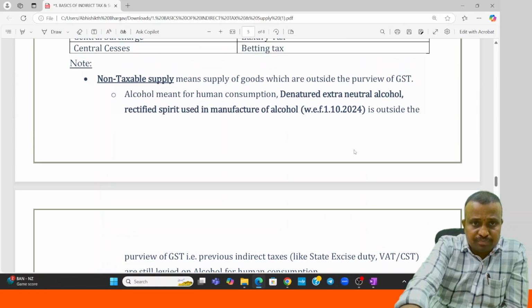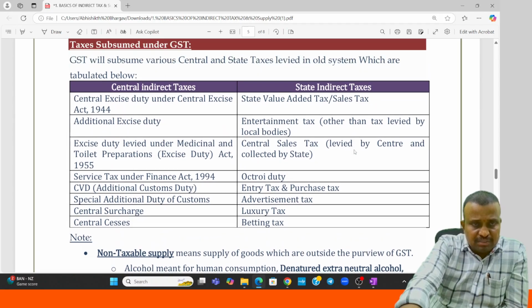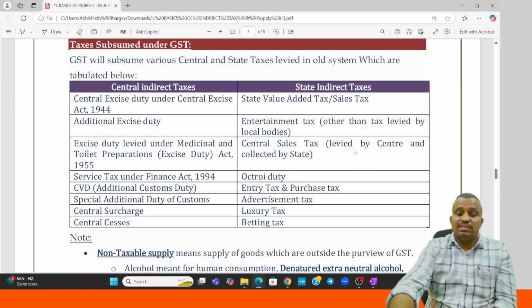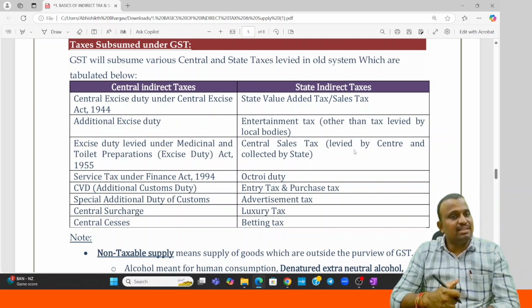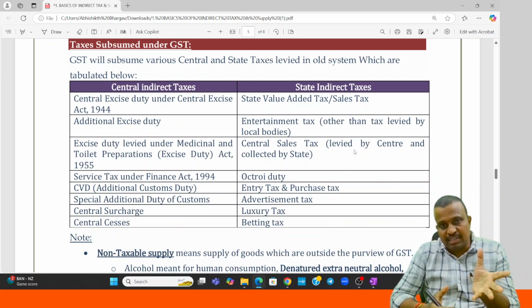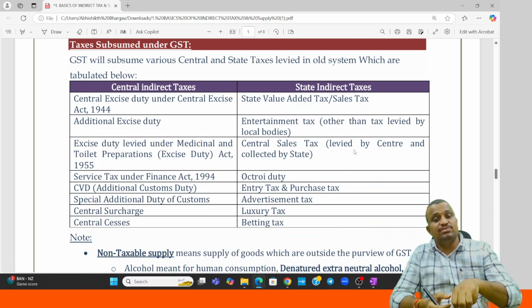And these are the constitutional provisions relating to GST. Okay. And another one: what are the previous indirect taxes we have? Out of that, how many taxes are subsumed under GST and how many are not yet subsumed?